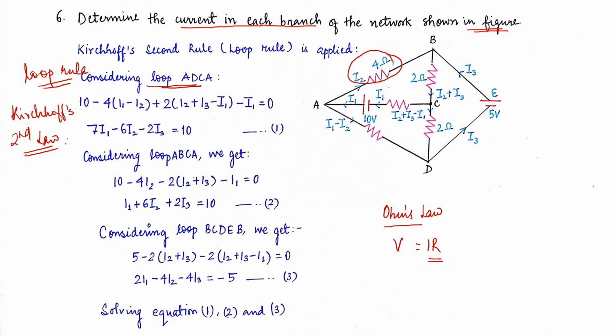So we have considered loop number 1, as explained already. This is the equation coming. This is the 10 which comes from this voltage, and we have taken the loop ADCA.